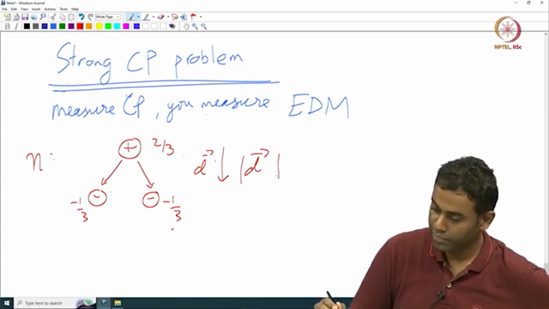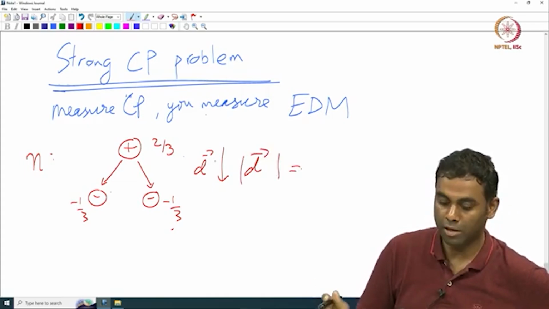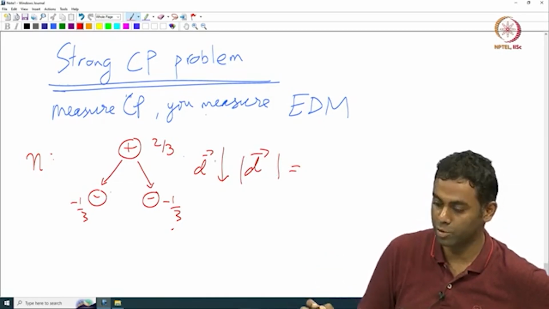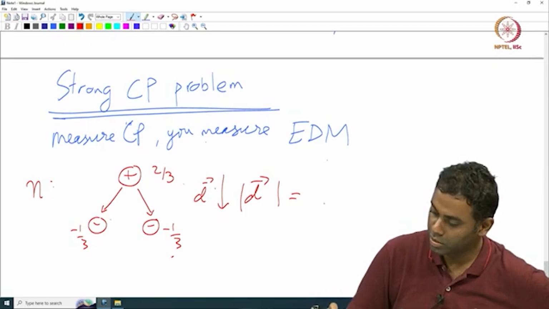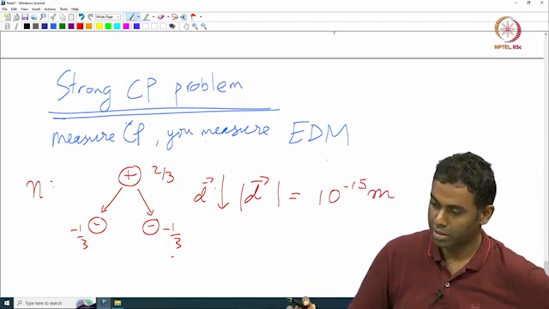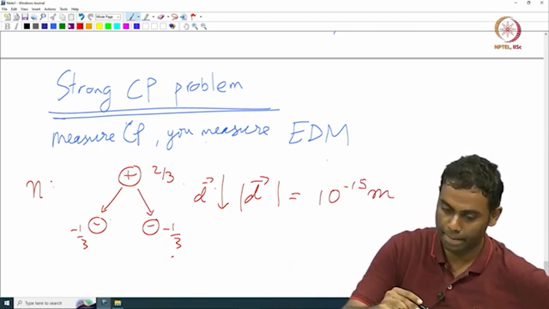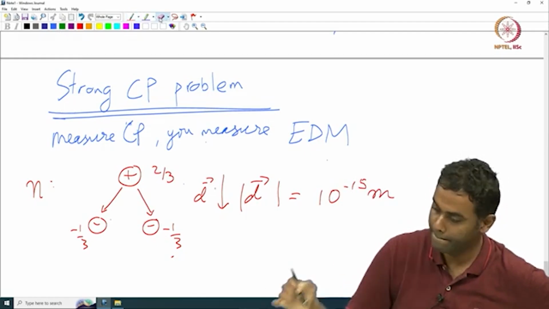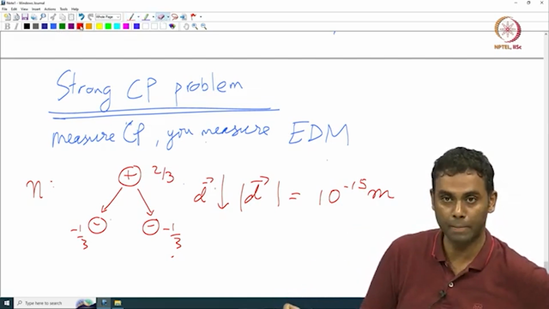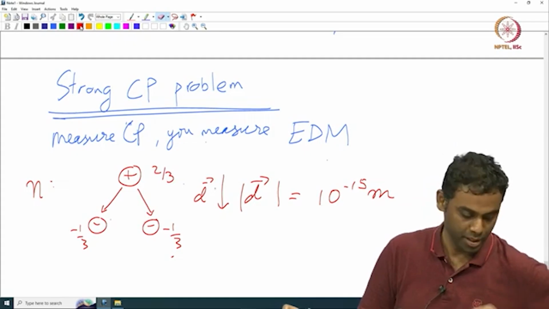The magnitude would be roughly the scale of this problem. So how big is a neutron? It's about a femtometer. So the net distance vector is about 10 power minus 15 meters.